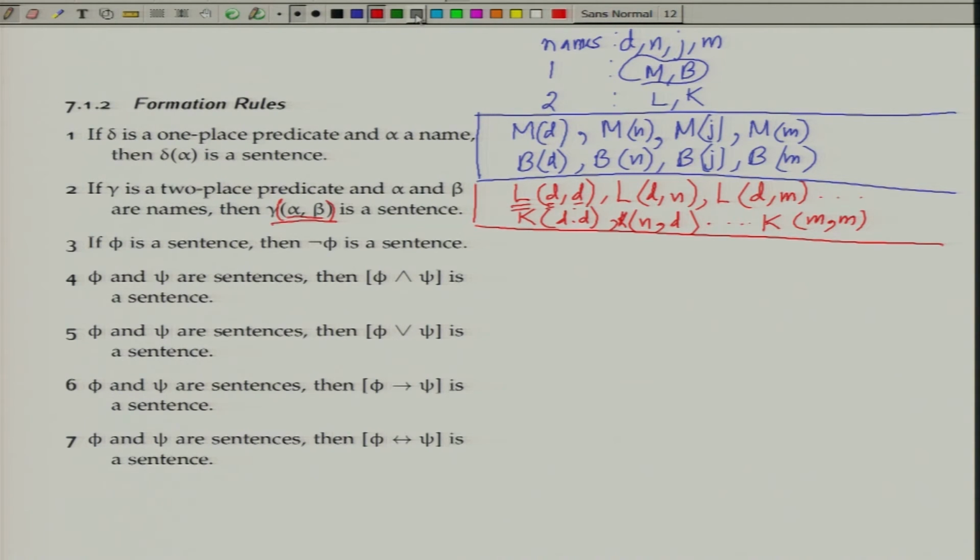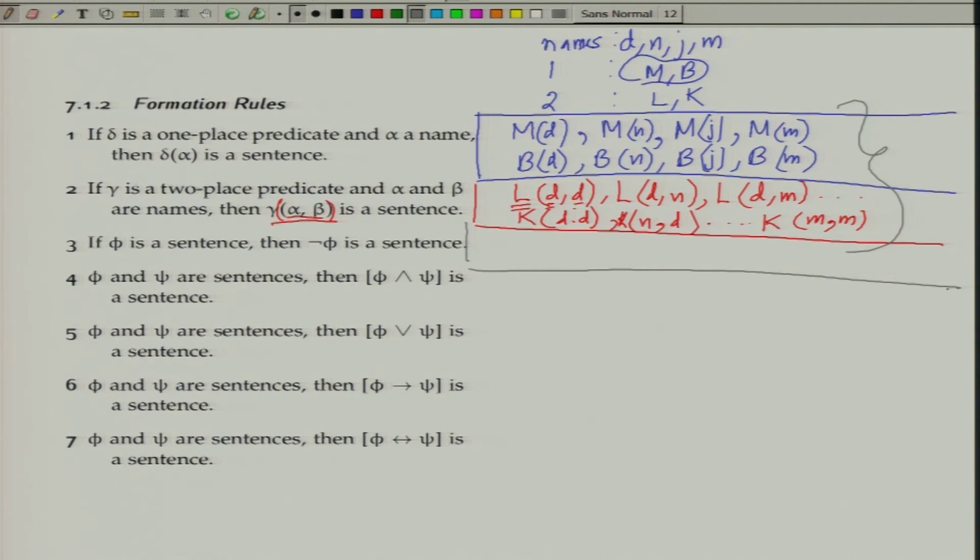And then you have the third rule, that is, if phi is a sentence, and phi is a variable, but the variable ranges over sentences. So these are the sentences available, not that these are the only sentences available, but these are the sentences available so far. Now with the help of these, I can make, we go to the next level.